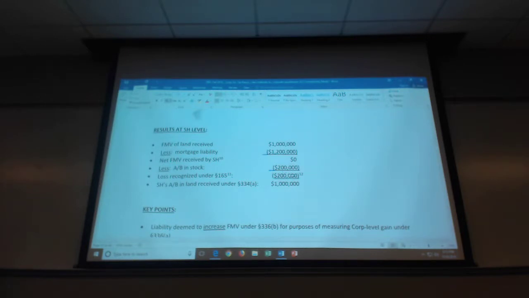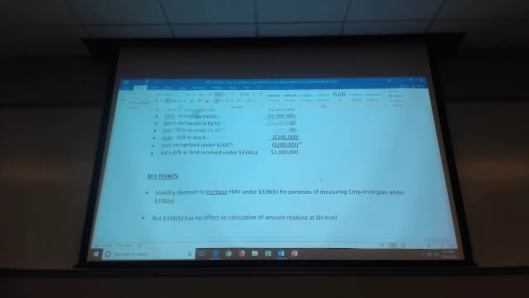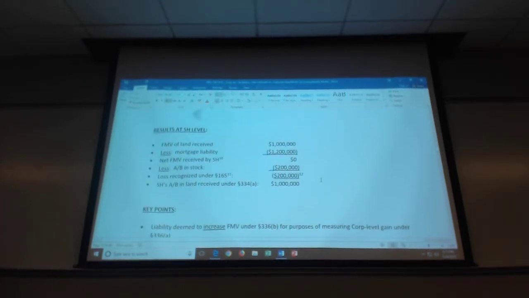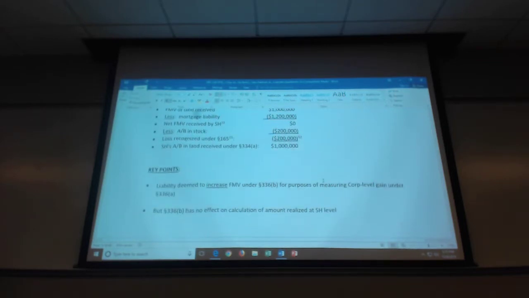And I don't think I'm testing you on this, but technically, if the corporation is insolvent, and that's basically this fact pattern, if you have a corporation that's got liabilities that exceed the value of its assets, there's really no net value available to distribute in liquidation, right? So the tax law has evolved to the point where the usual technical outcome here is that at the shareholder level, Section 331 doesn't even apply.